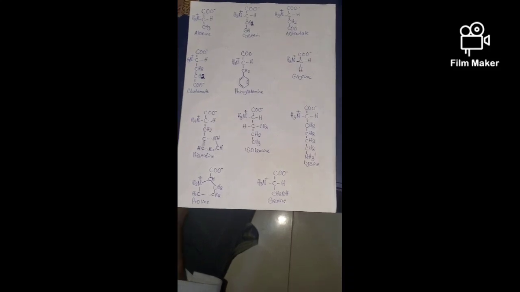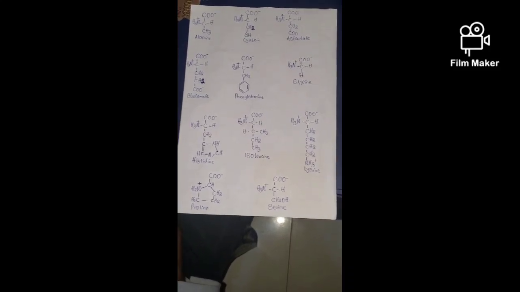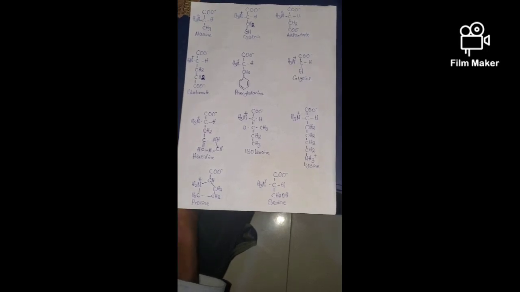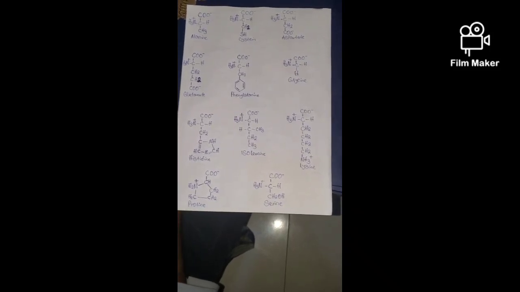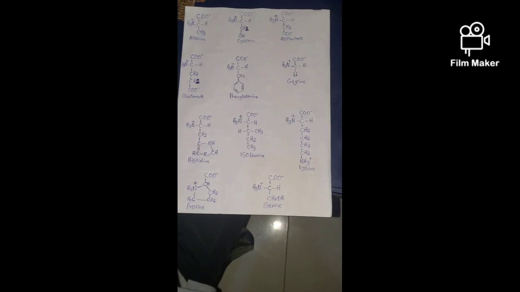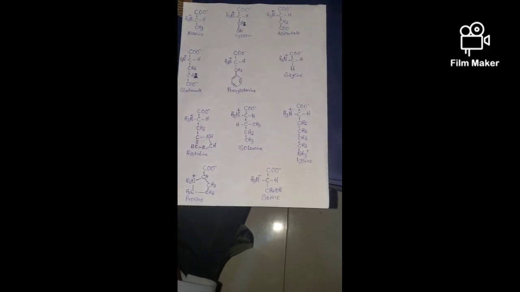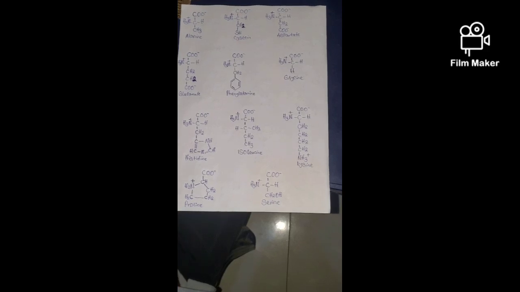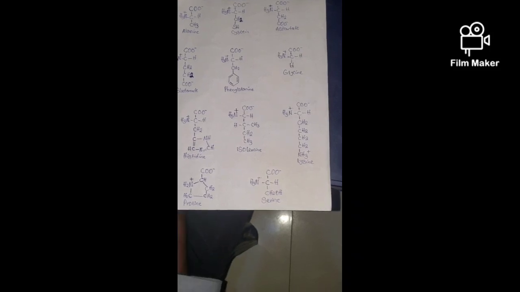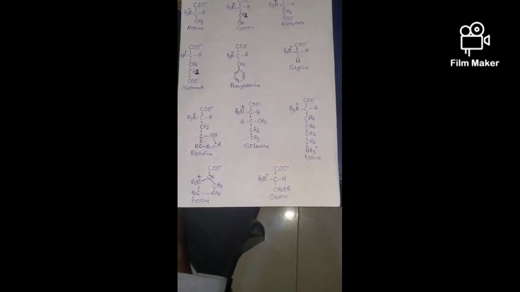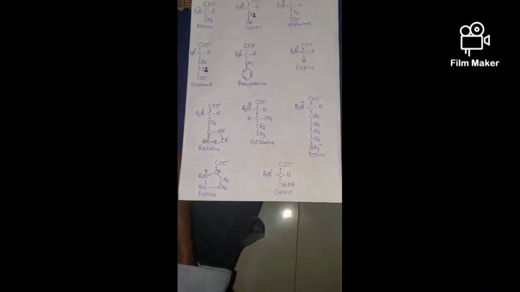We have tryptophan. We have tyrosine. We have leucine. We have valine, and we have so many of them: asparagine, methionine. We have threonine as well. So you can check the list for yourself. So these are the 20 amino acids we made mention of in our last class.